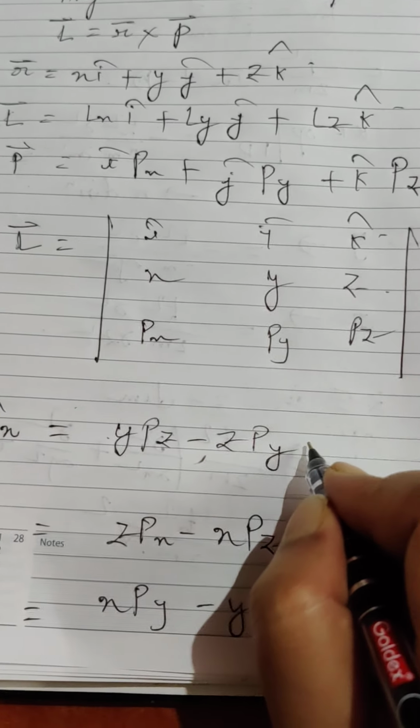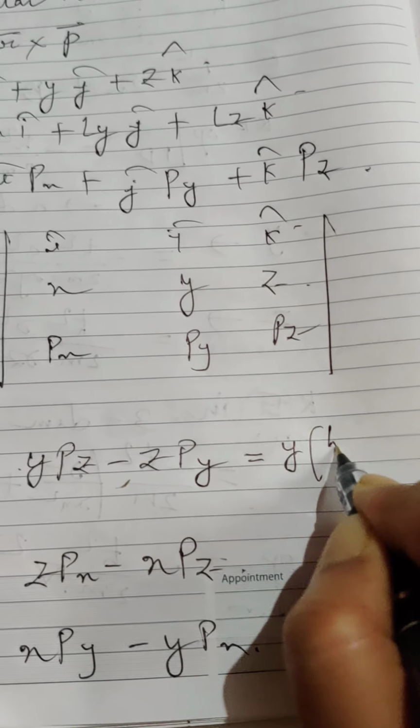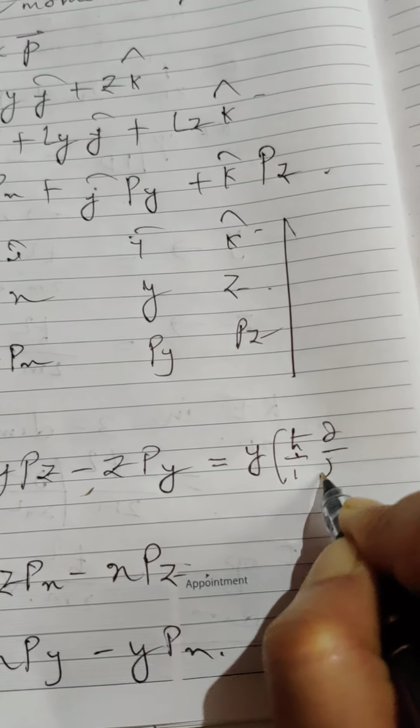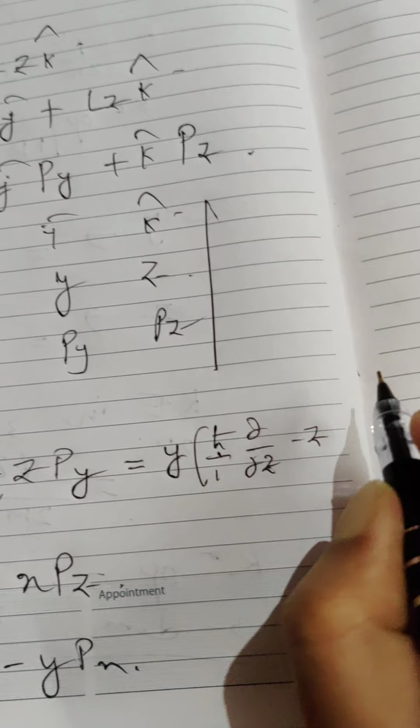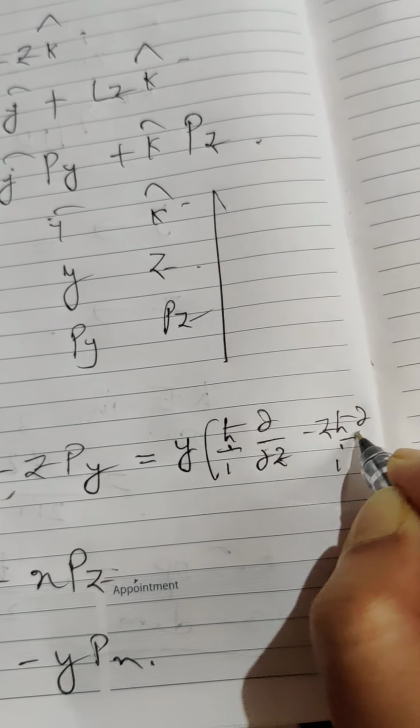Now put the values here for px, py, pz: y ħ by i ∂/∂z minus z ħ by i ∂/∂y.